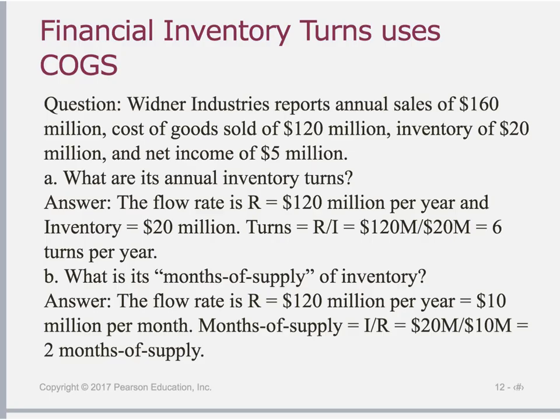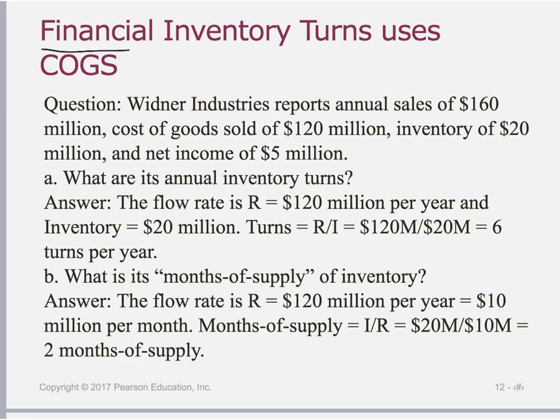Now we're going to look at an example with financial terms. Widner Industries reports annual sales of $160 million, cost of goods sold of $120 million, inventory of $20 million, and net income of $5 million. There's a lot of information here, so the question is what information applies?